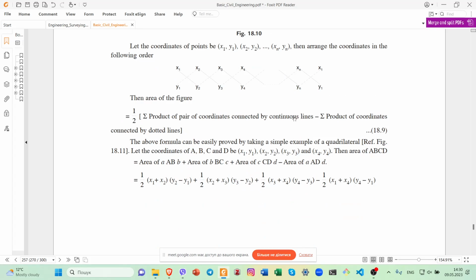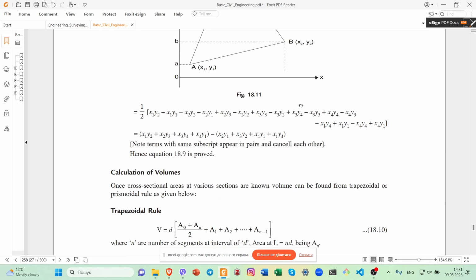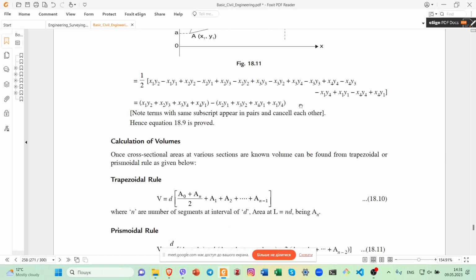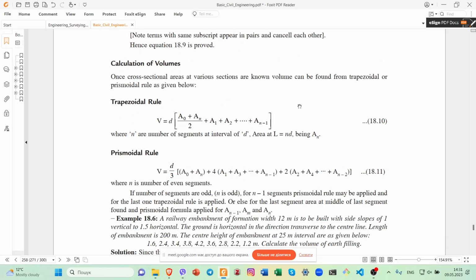We have made this area calculation, and then calculation of volume.